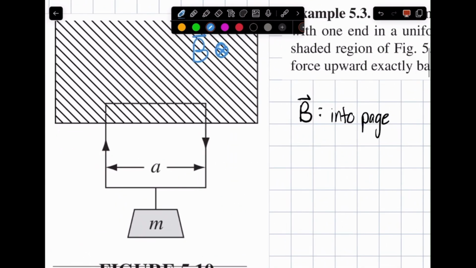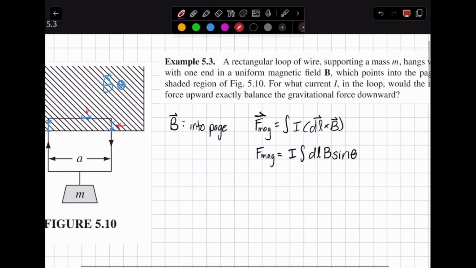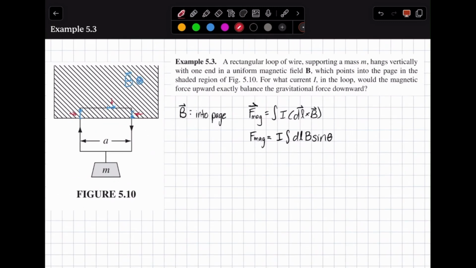And if I look at the figure here, we'll have a dl segment here, dl segment here, maybe a dl segment here. And therefore, at each of these dl's on the wire, theta is equal to 90 degrees. And therefore, sine theta is going to equal 1.